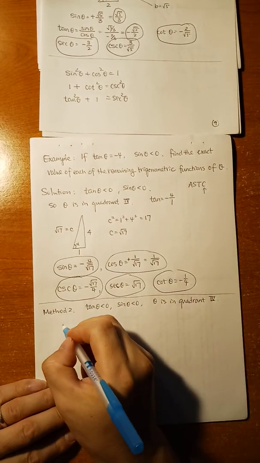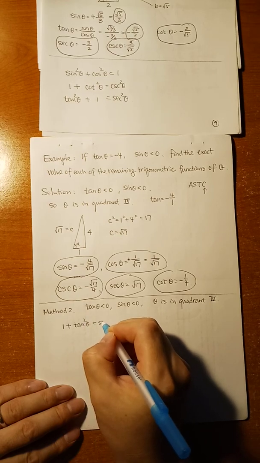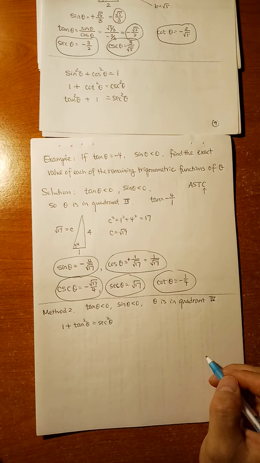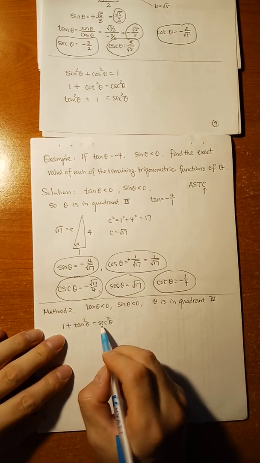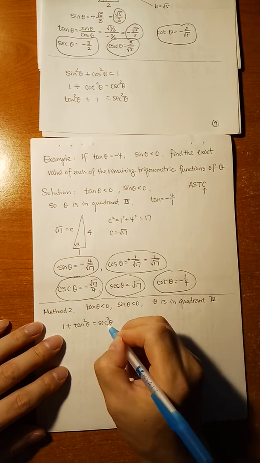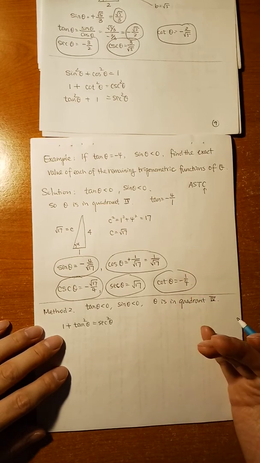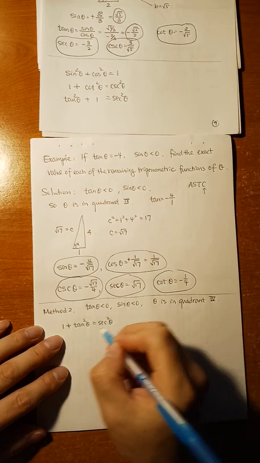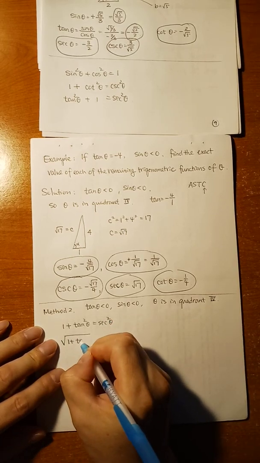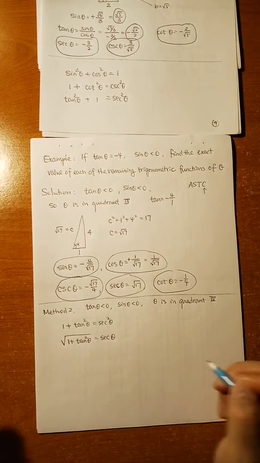We know that 1 plus tangent theta squared is equal to secant theta squared. In quadrant 4, cosine is positive, so secant is also positive. Secant is the reciprocal of cosine; a positive number, flip it, is still positive. So you take the square root and you only choose the positive square root.